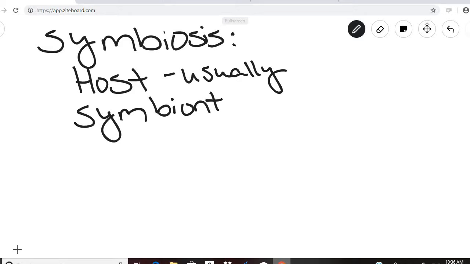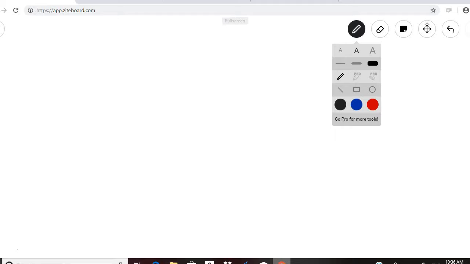Looking at two organisms and the relationship between them, the host is usually the larger of the two, and the symbiont would be the smaller. There are different types of relationships. One is called commensalism.